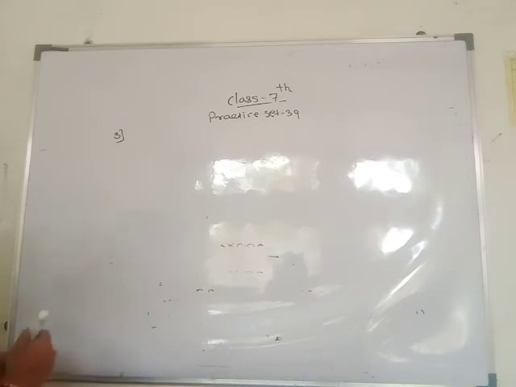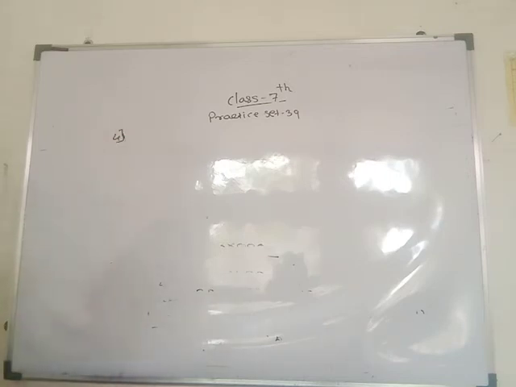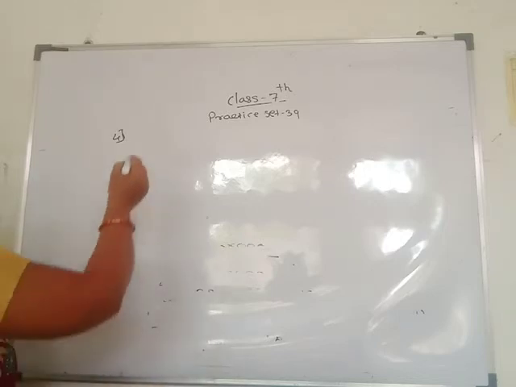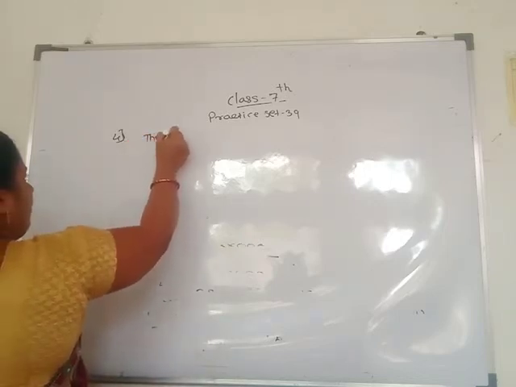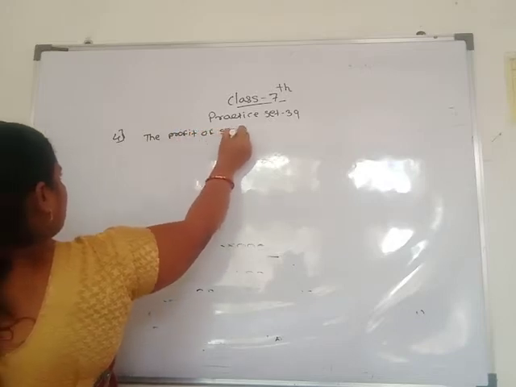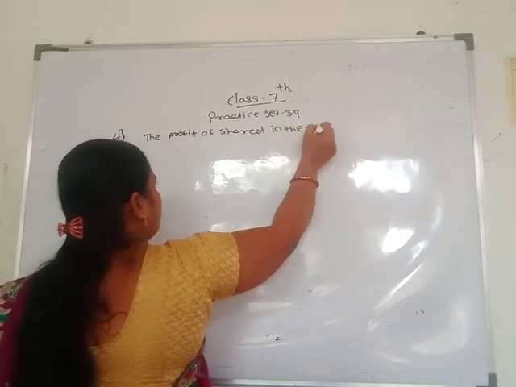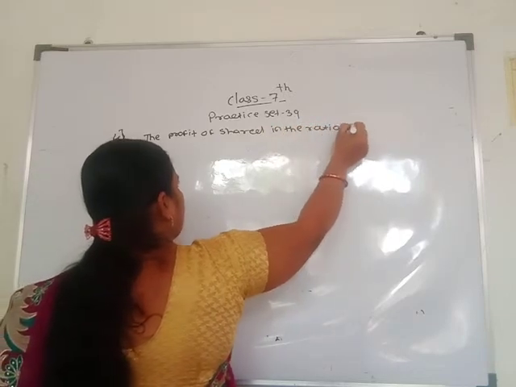Fourth example. The profit is shared in the ratio 3:7.